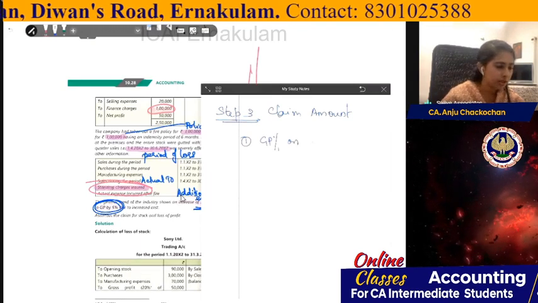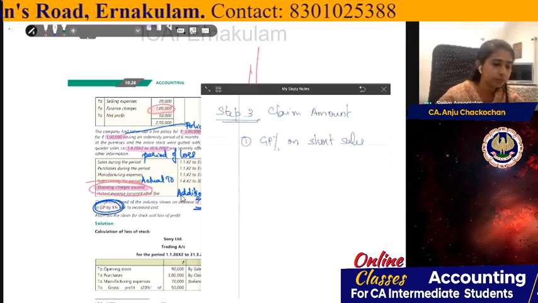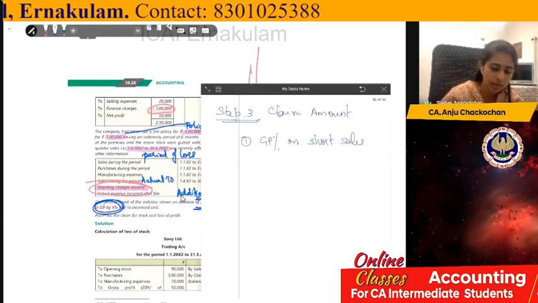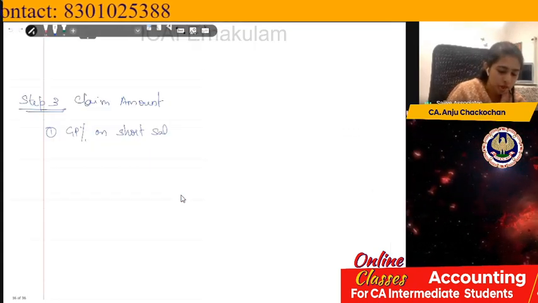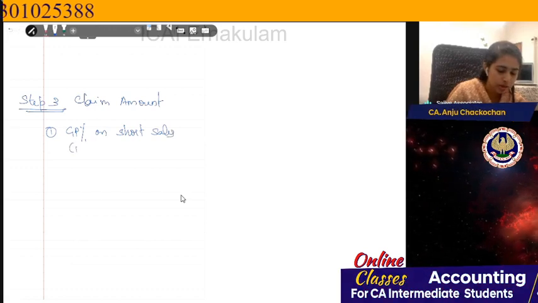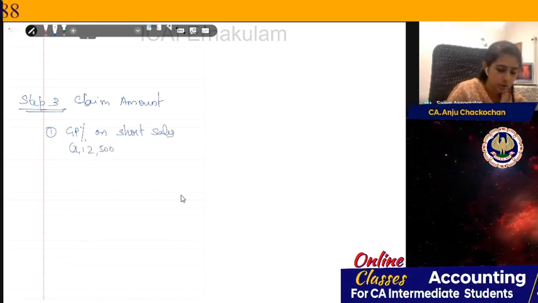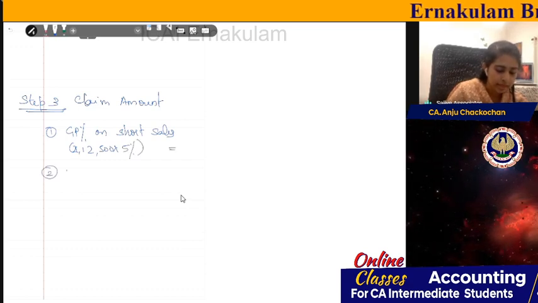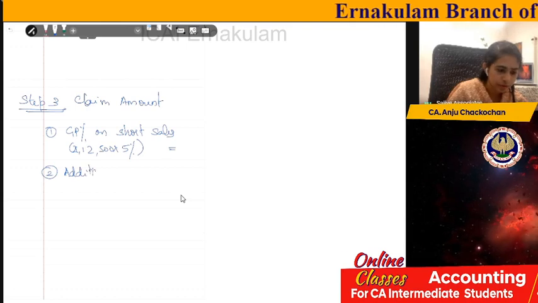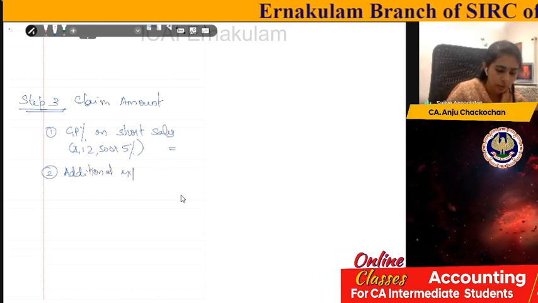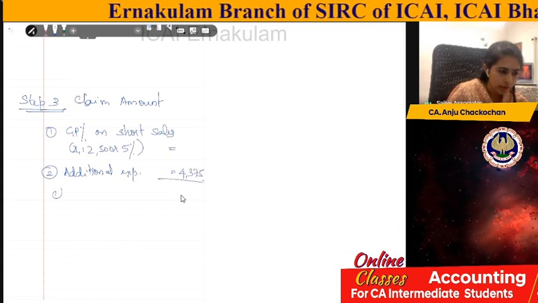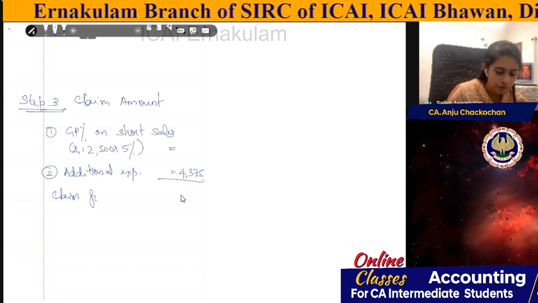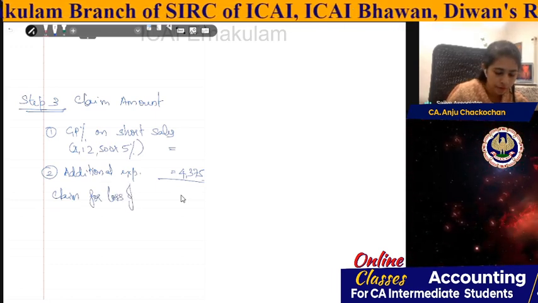We have computed the short sales before as 2 lakh 20. Short sales was 2,12,500, and on that you apply your 5%. You get that, and then it is additional expense, which is 4,375, and then we have the claim for loss of profit.